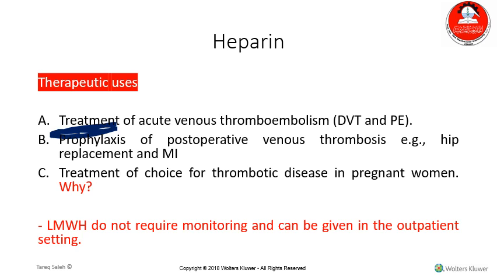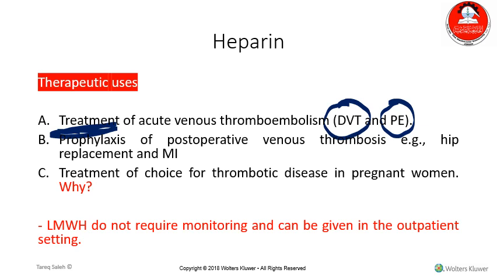It's the treatment of acute venous thromboembolism in the form of deep venous thrombosis, which reflects abnormal thrombus formation in the deep veins of the lower limbs, or pulmonary embolism, which results from the dislodging of a piece of the thrombus formed in the large veins of the lower limbs that then travels and occludes the pulmonary circulation. So both of these life-threatening conditions are treated acutely with heparin.